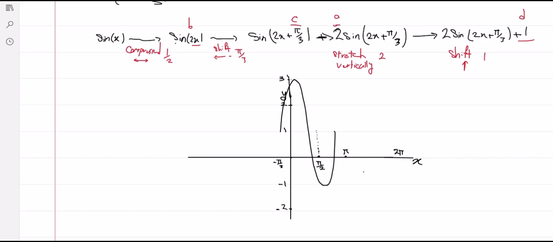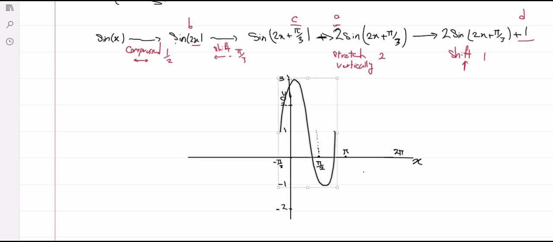The only thing that we should do now is that the sine function is a periodic function, so it is going to repeat itself onto the left side and onto the right side. We should copy this function and paste it to the right side and onto the left side as well. If you paste it on the left side, you can see the intersection with the x-axis as well.